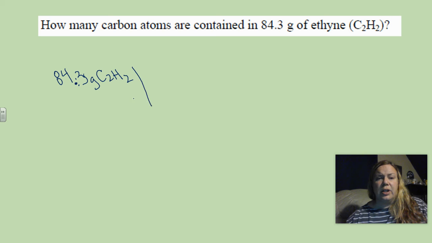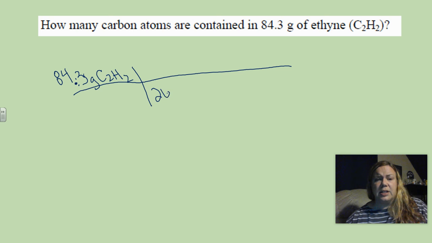First off, in order to get to atoms, we've got to go through moles because you don't see the word moles in there. So we have 12 and 12 is 24 plus 2. We have 26 grams as our molar mass of ethene for every 1 mole of C2H2. Then we're going to get to atoms here.